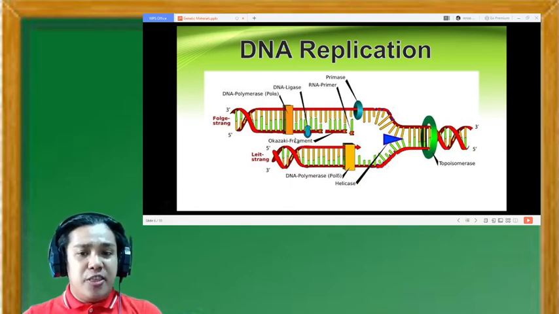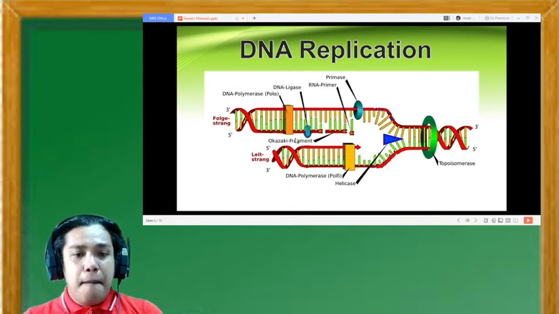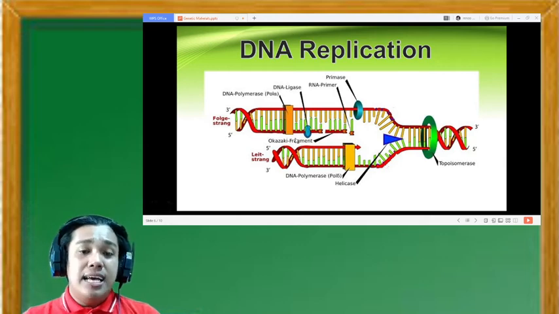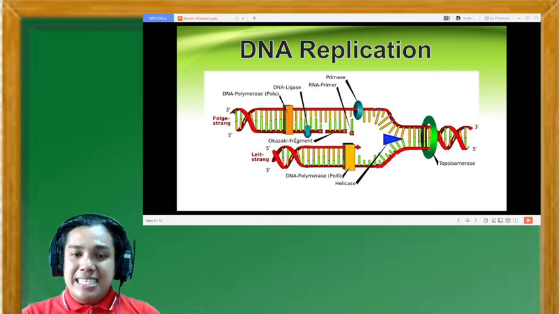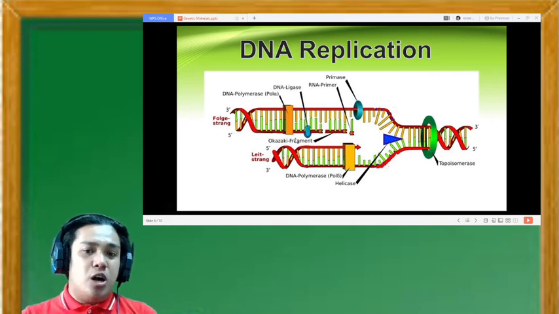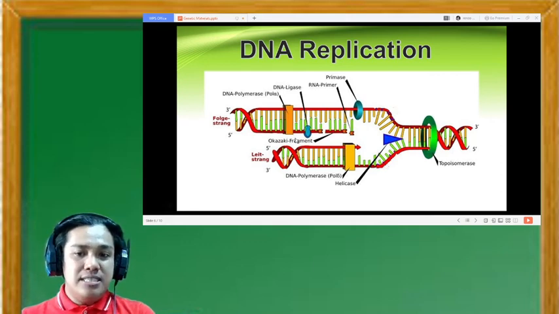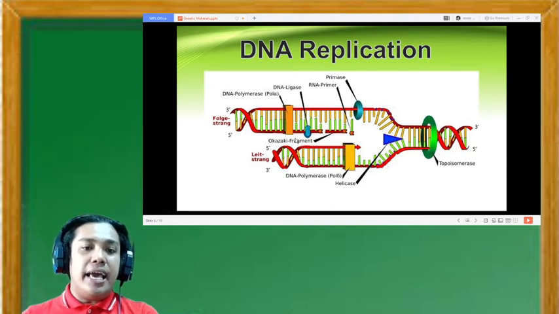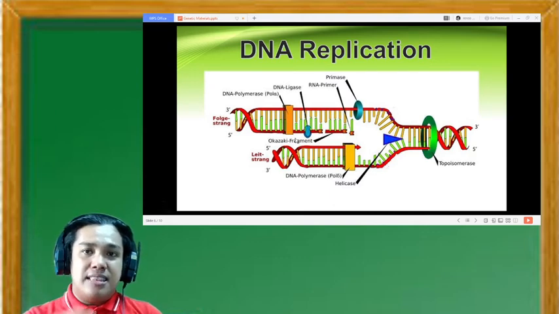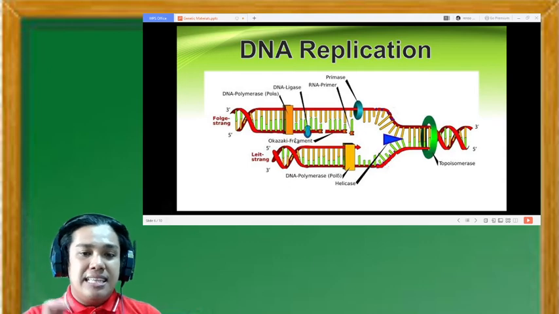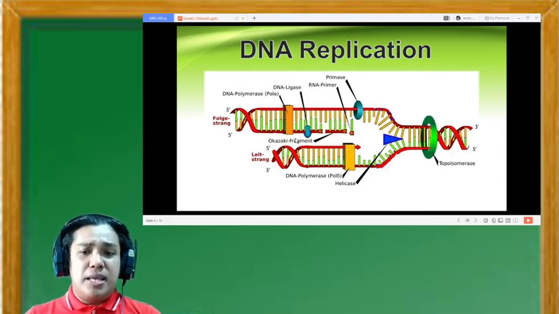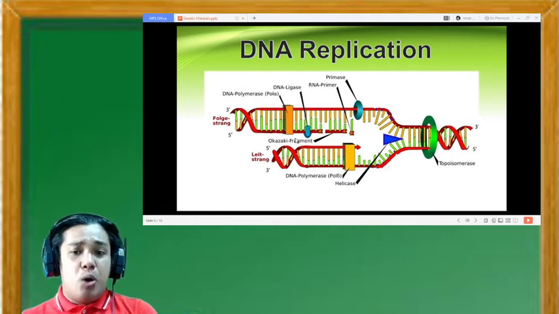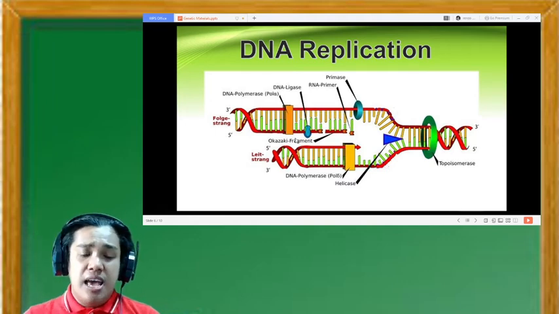Then the DNA double helix is unwound by an enzyme called helicase. This separation forms the replication fork that takes a Y-shaped configuration, as you can see in the picture.